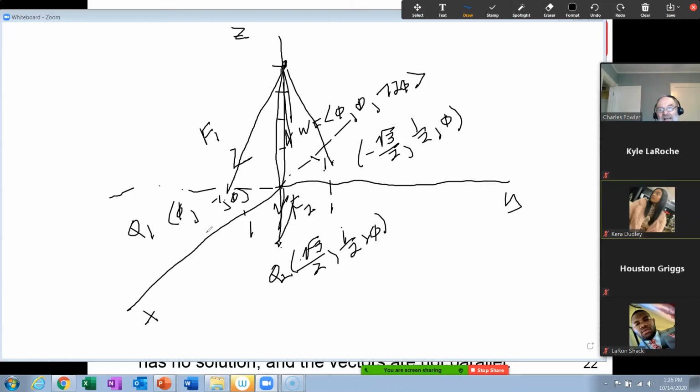Now, to name this F1, meaning a force, it would need a component of this 120 in it. It doesn't have that.